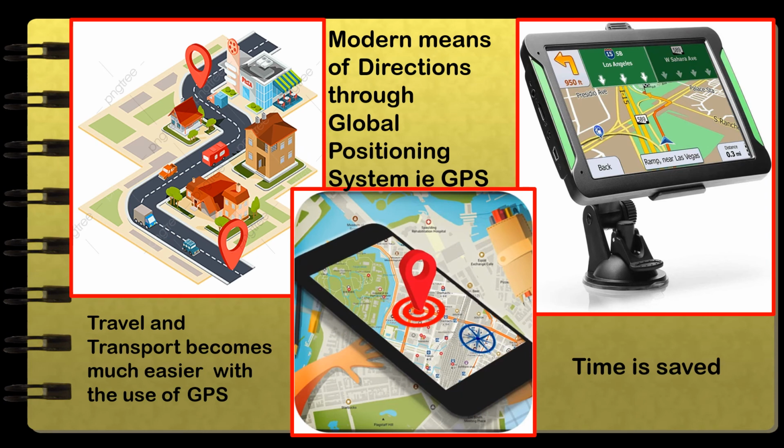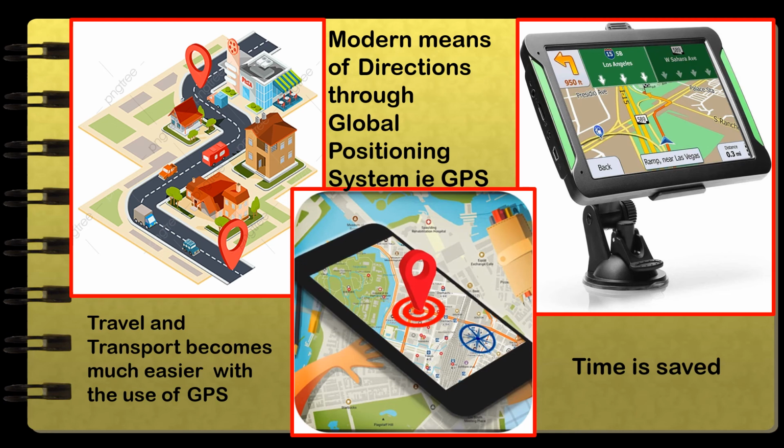Children, here is something of interest to you. I'm sure you have seen this on the mobile phone. Yes, you're right. It's the GPS. While traveling today, modern means of directions are used. That is Global Positioning System, which we commonly call as GPS.